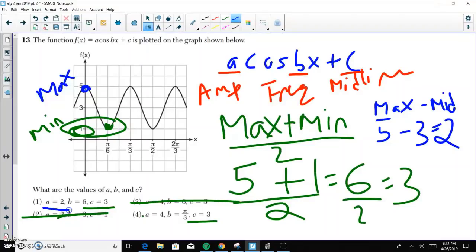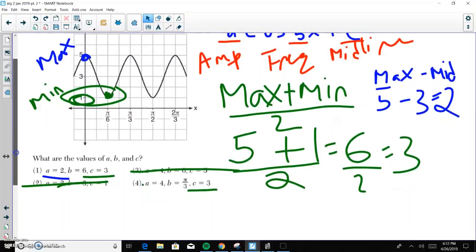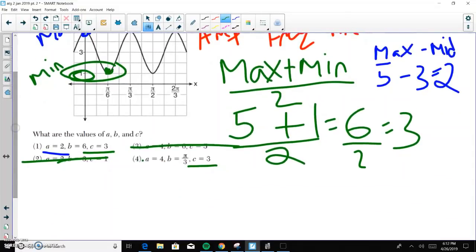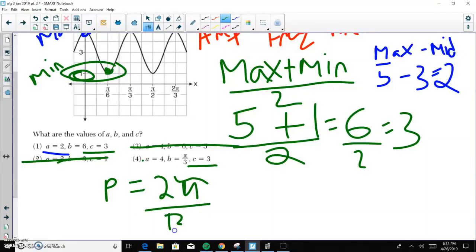So we know the answer is going to be choice 1, but let's just see how we would find the frequency. In order to find the frequency, you're going to have to know this formula. So the formula is period equals 2 pi over b.